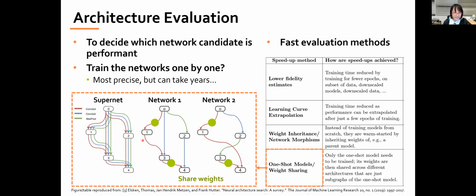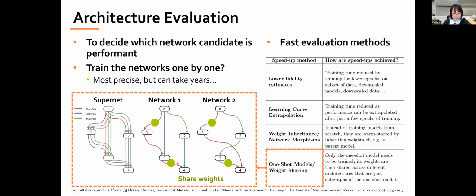So weight sharing means, okay, this is network 1, derived from the supernet. And then this is network 2, derived from the supernet. See, they can have different connections, but these different connections all come from the supernet. So network 1 and network 2, if they have the same connection here, this edge and this edge, these weights are shared.